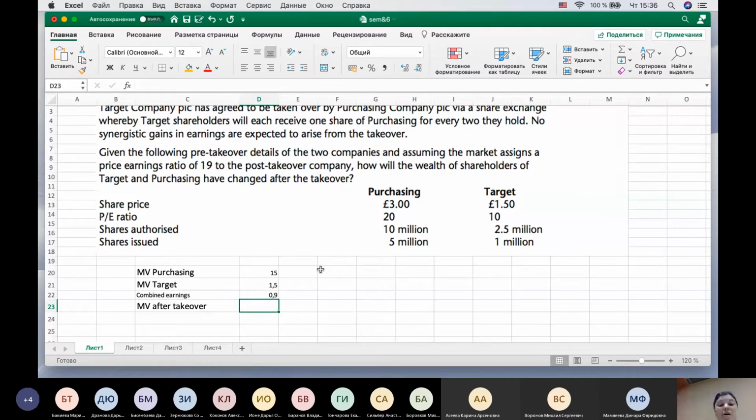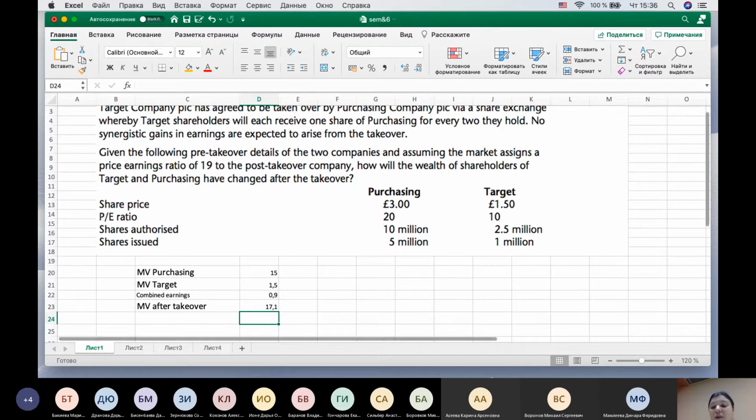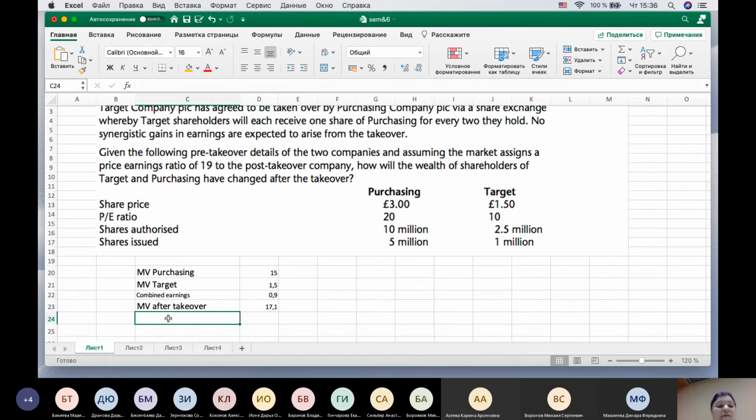We found our combined earnings, so it will be our earnings multiplied by 19, and we'll find our market value after takeover. Good. And now we can find our target and purchasing. Let's start with purchasing.